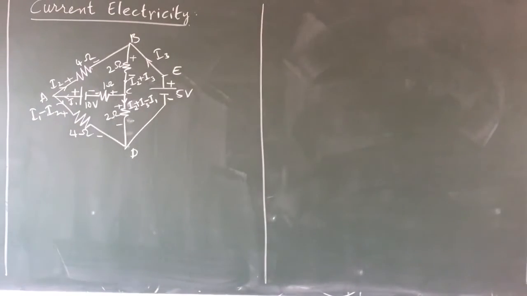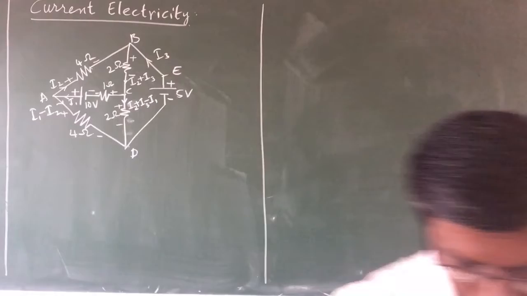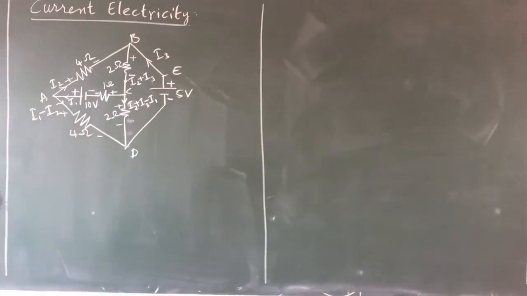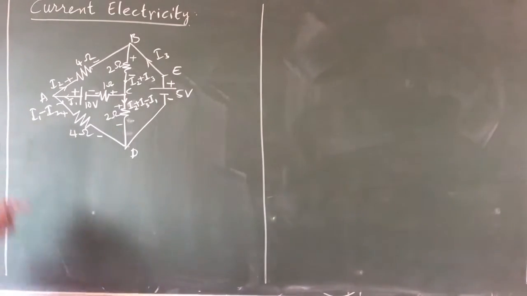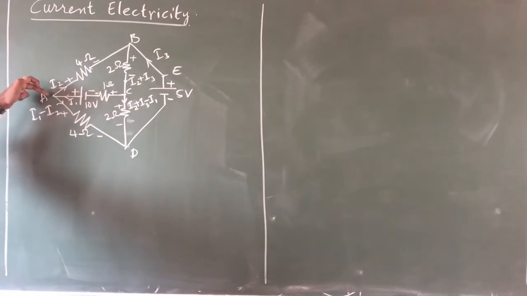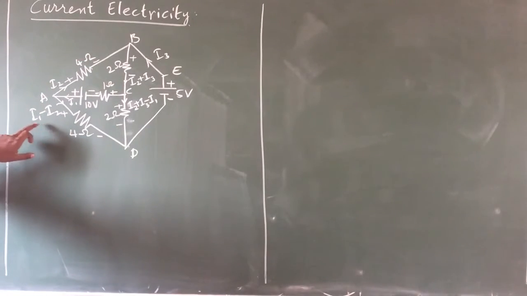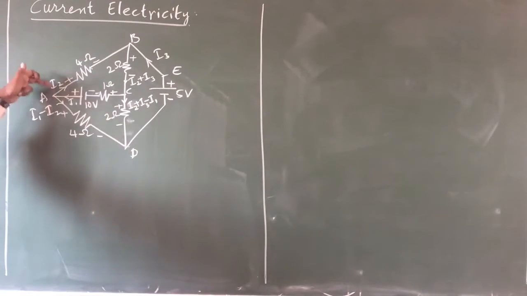Then next thing is about how to get the equations. To get the equations, we will be having the circuit KVL. Already we have applied the KCL, Kirchhoff's current law, here. At this point, I1 is arriving, I2 is leaving, so this will be I1 minus I2, the difference between those two currents.